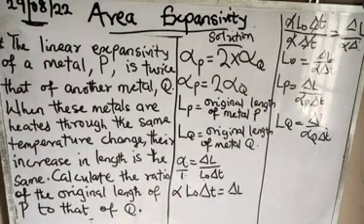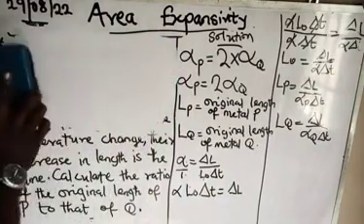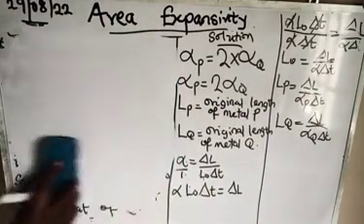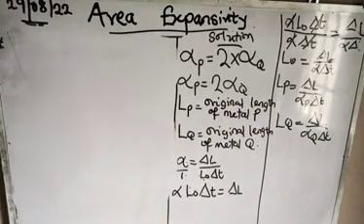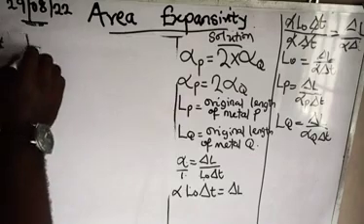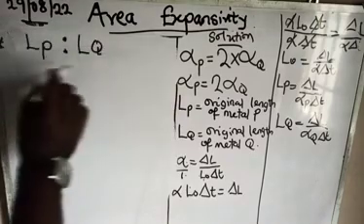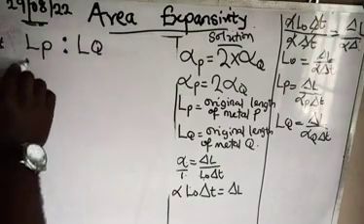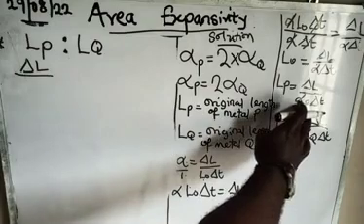Okay, let me clean up this side and solve it here. The ratio of LP to LQ. That will give me change in L over, what was my alpha P?